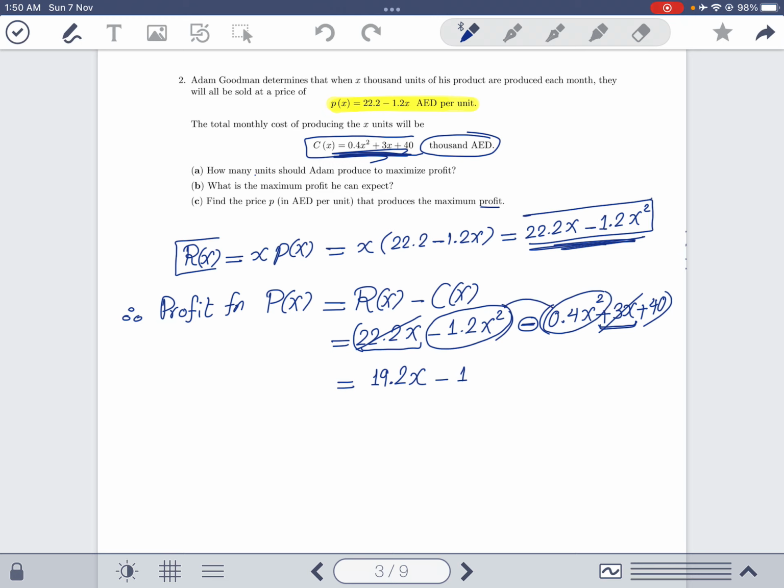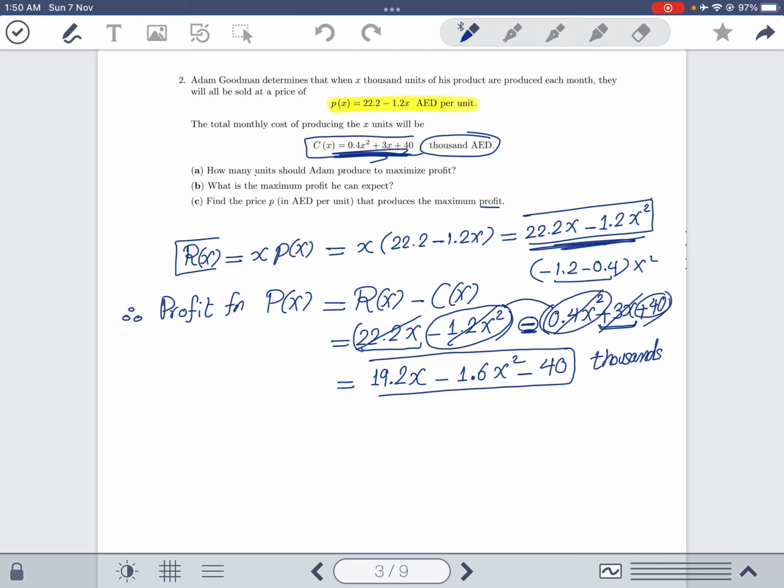These two together will be minus 1.2 minus 0.4 x squared, and if you add them, you'll get minus 1.6x squared. And so you're done with these, and you're left with the 40 and the minus outside, so minus 40. Perfect.